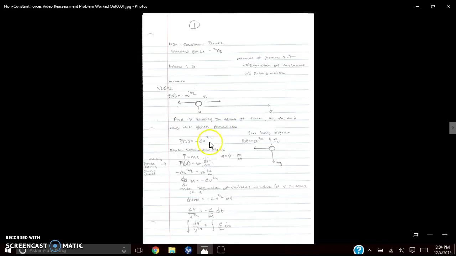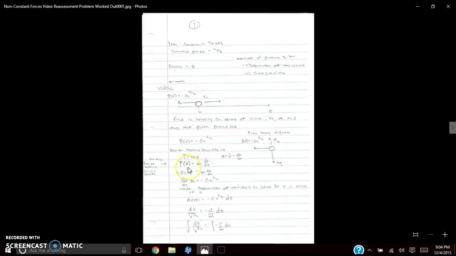I start off with my free body diagram. The force of gravity is canceled out by the normal force, because it says the mass is coasting along. My drag force is equal to negative c v to the 3/2. Newton's second law tells us that F is equal to ma. I can rewrite a as v dot, which is dv dt, which will help when I use separation of variables.